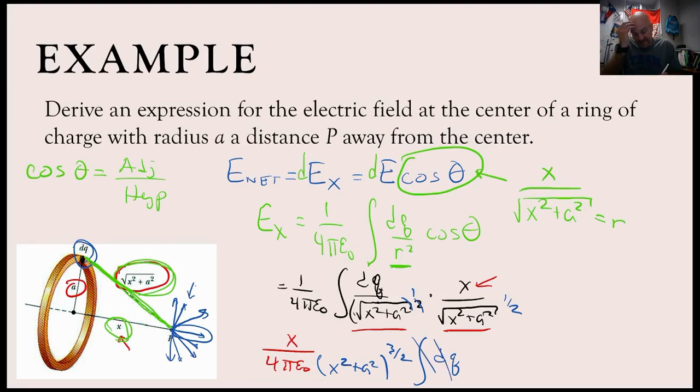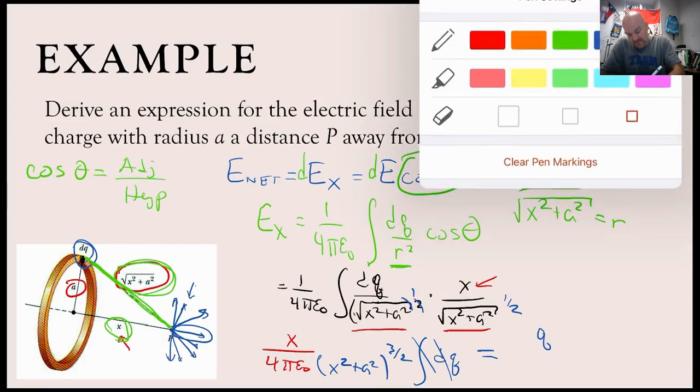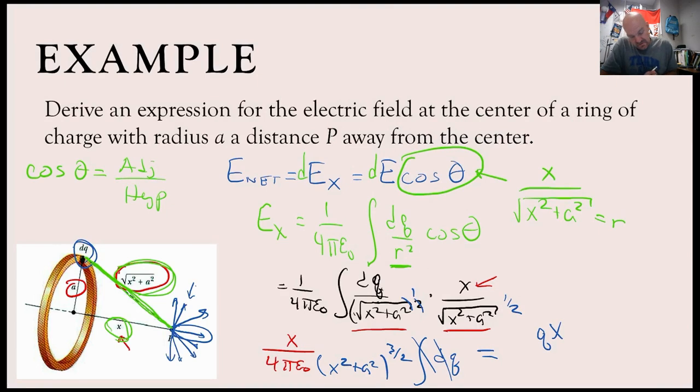So the expression for a ring of charge at a point P away would be kQx over 4 pi epsilon naught, parentheses, x squared plus a squared to the 3/2. This is the expression for the ring of charge.